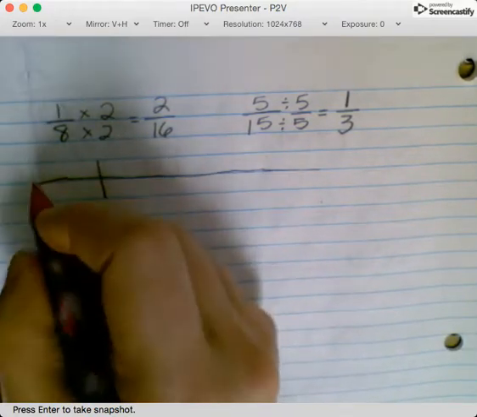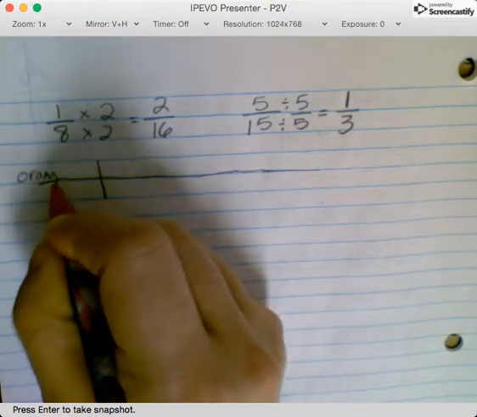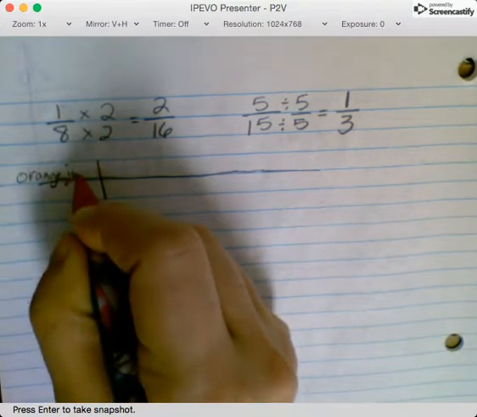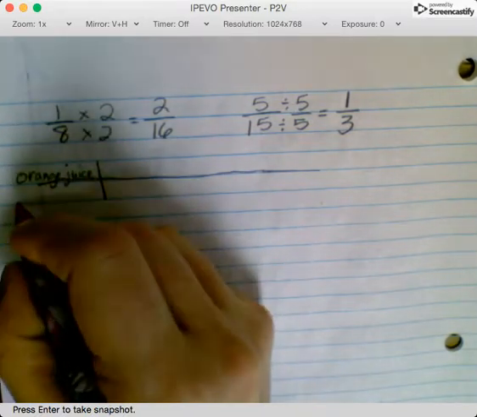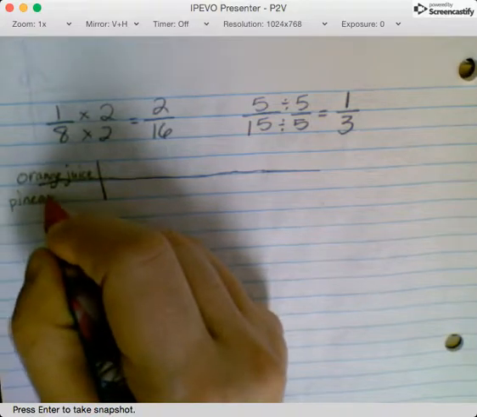I'll use the same concepts. I may use different numbers.